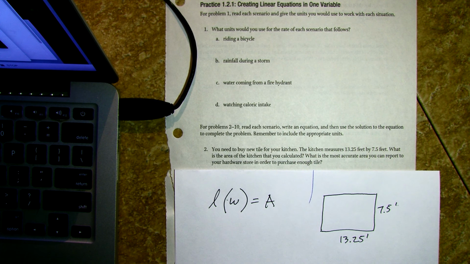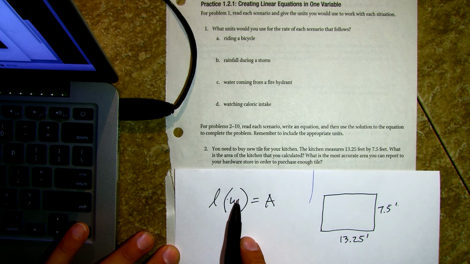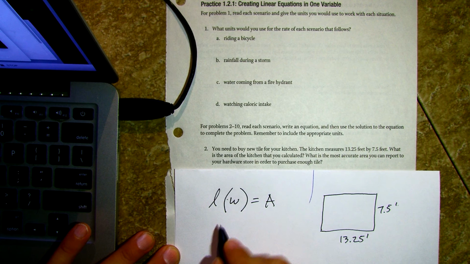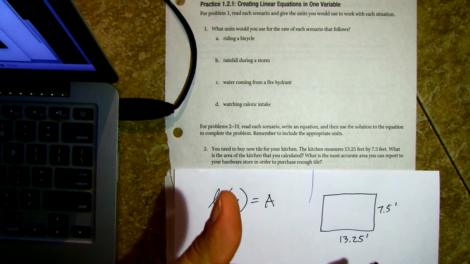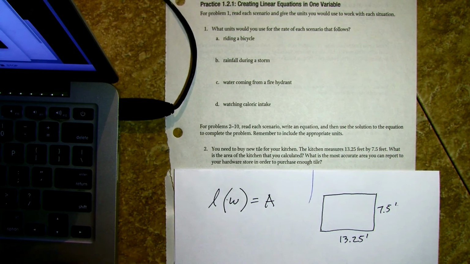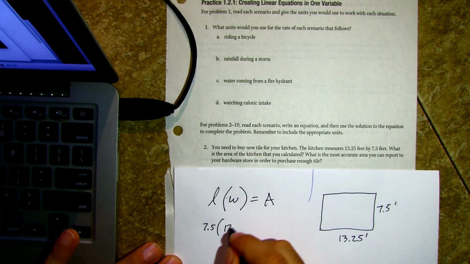Transitive property, it doesn't matter which one comes first. So let's go 7.5 times 13.25, and that is equal to our area. There's no other variables, there's not really any unknown other than the area. So this is a very straightforward problem that we can do right here and then have our square feet.